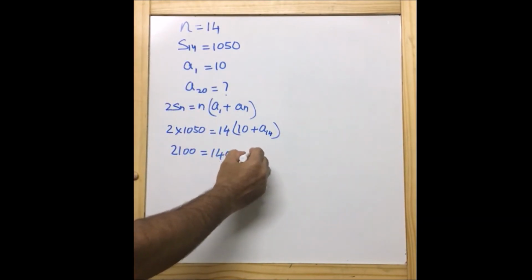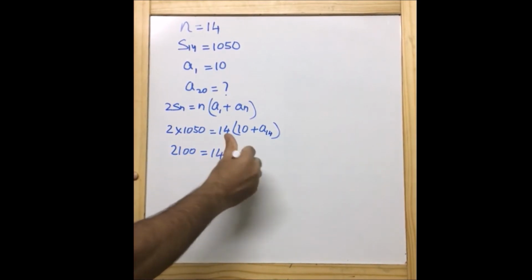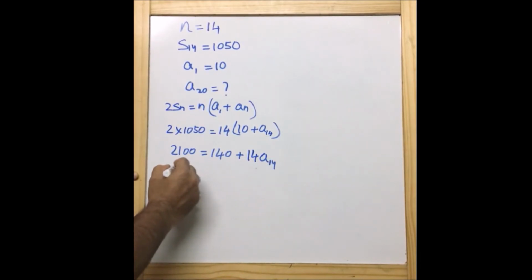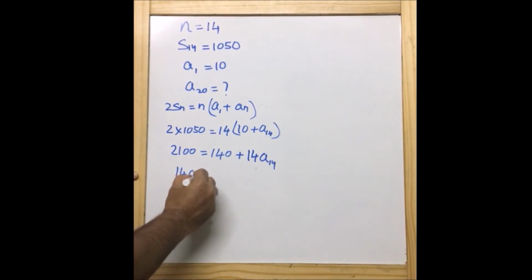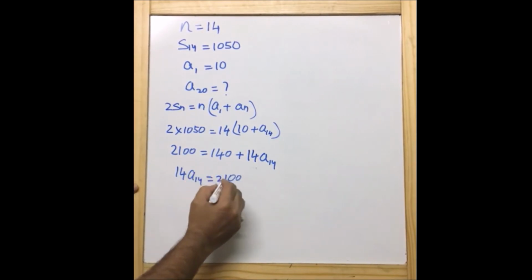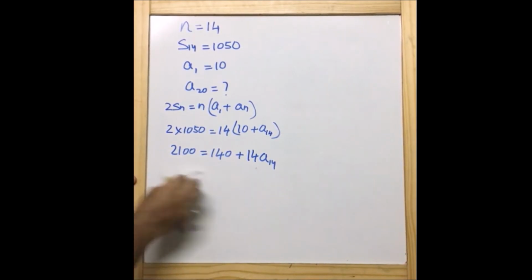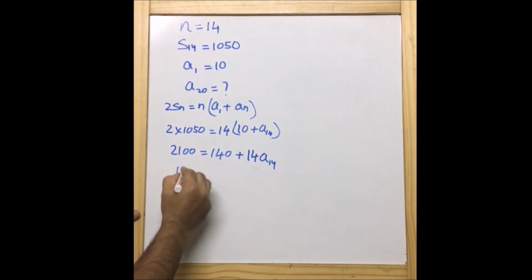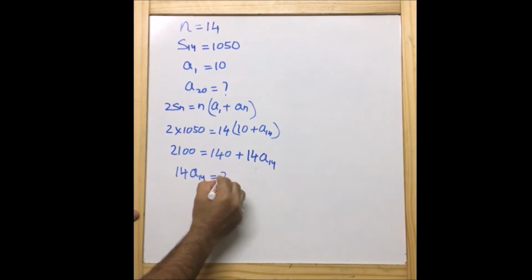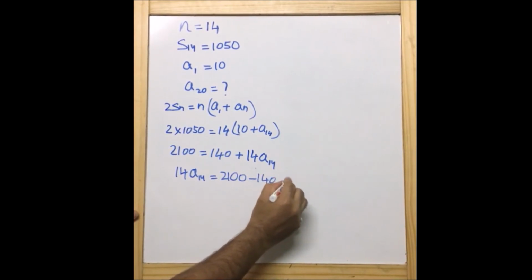So 140 plus 14 into A14, or I can write 14A14 is equal to 2100 minus 140, that is equal to 1960.